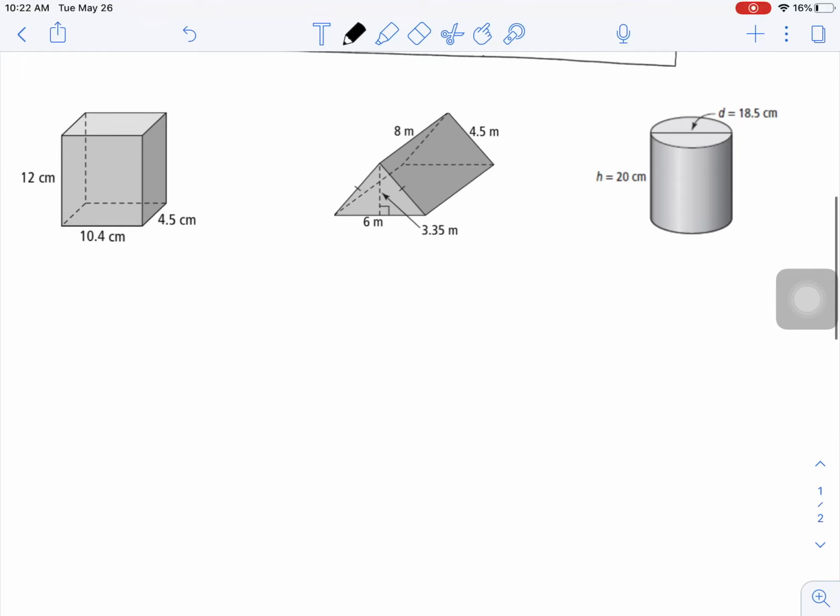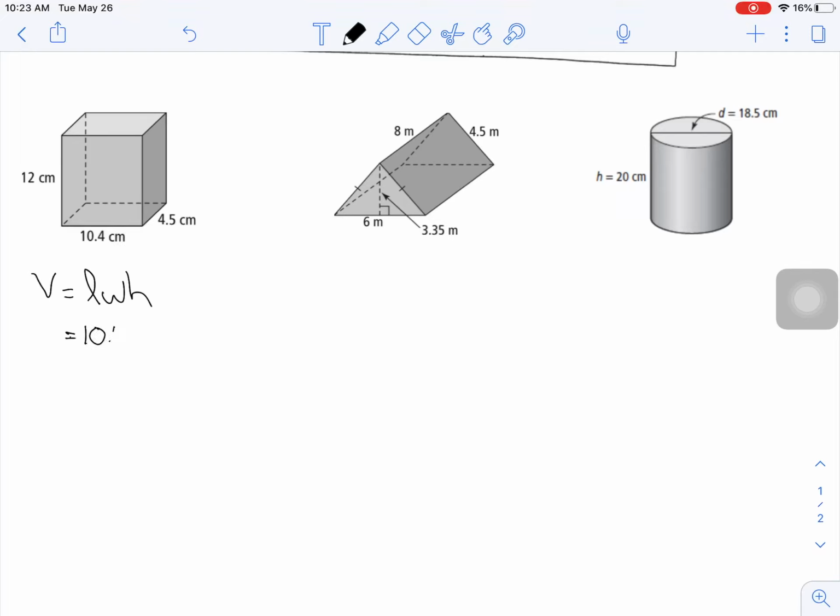So let's go down here, same questions that I gave you before, but now let's find the volume. Well, volume here is length times width times height. And always write out the formula if you're going to use it, because that helps you to remember it so you don't have to look it up every time.